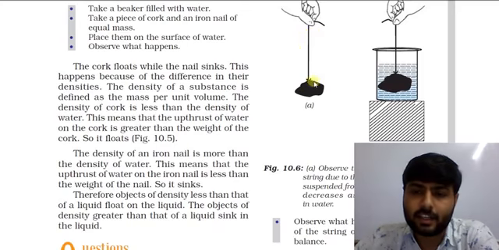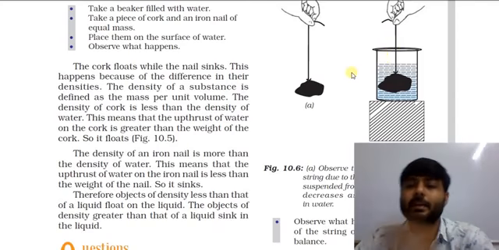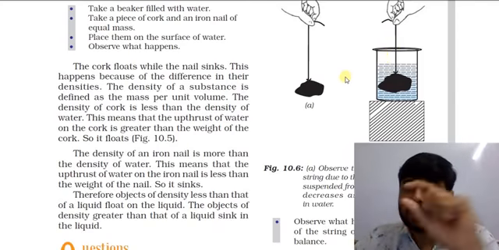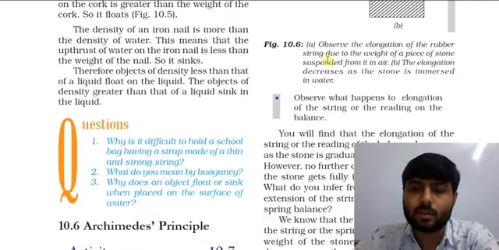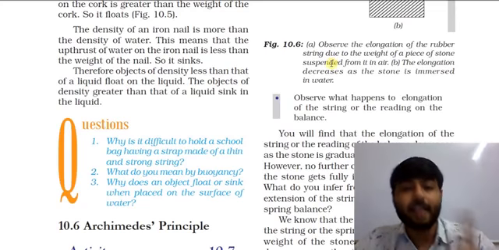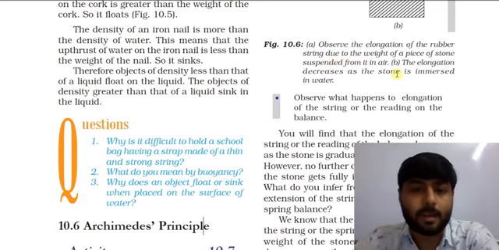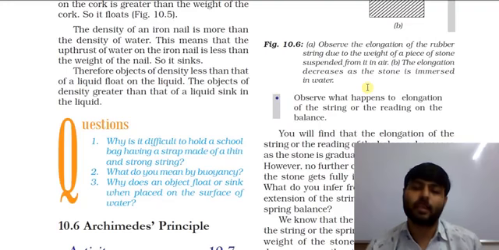Here in figure A the length is comparatively more, and in figure B we have comparatively less elongation. So here we can write: observe the elongation of the rubber string due to the weight of the piece of stone in air, while in figure B, the elongation decreases as the stone is immersed in water.